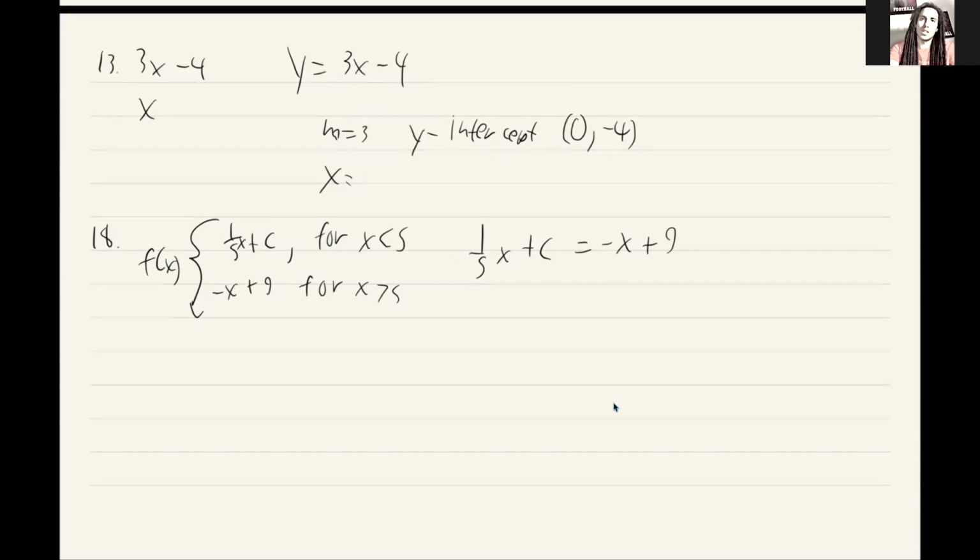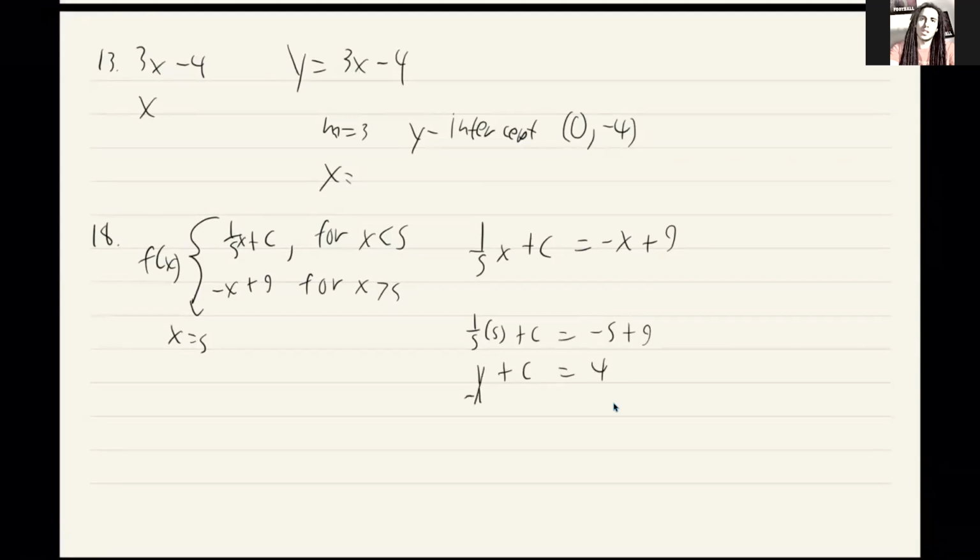When x is equal to 5, we are going to plug in the 5 here and then the 5 there. So 5 times 1 over 5 equals 1 plus c. Then negative 5 plus 9 equals 4. Then we're going to subtract 1 from each side to get the c by itself. Then 4 minus 1 equals 3.